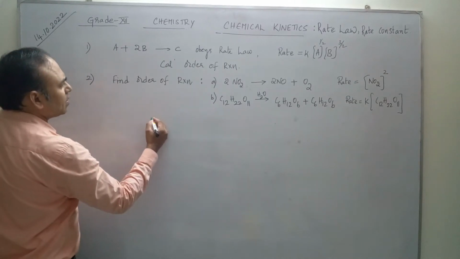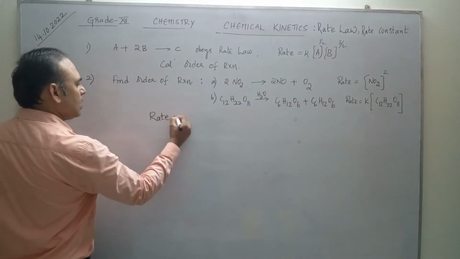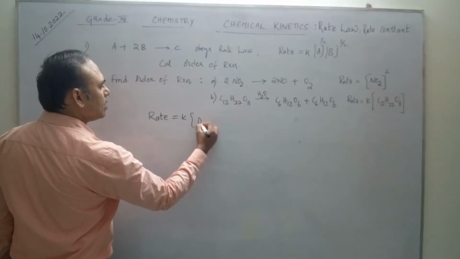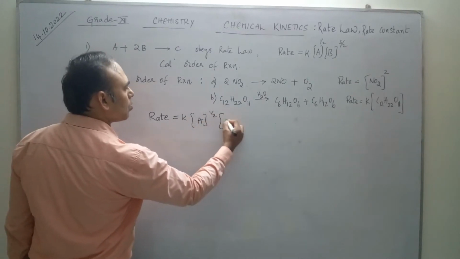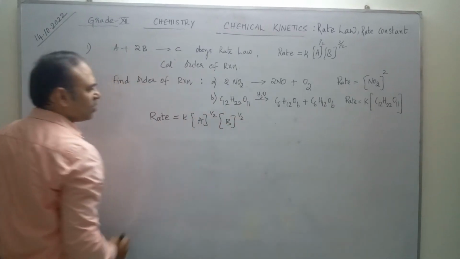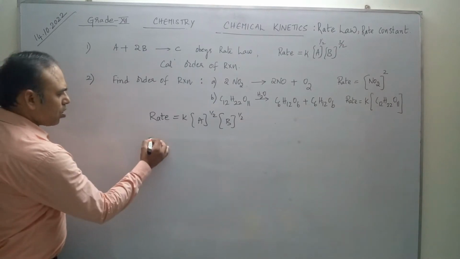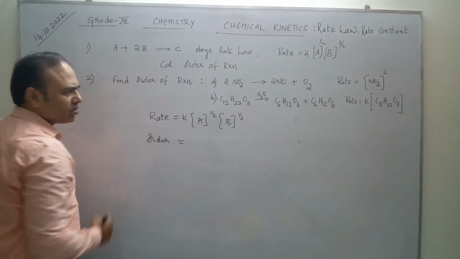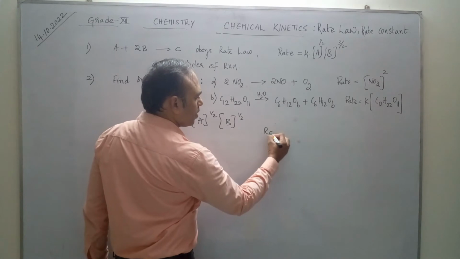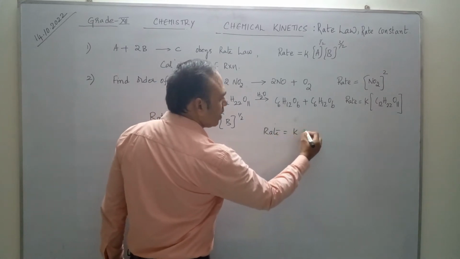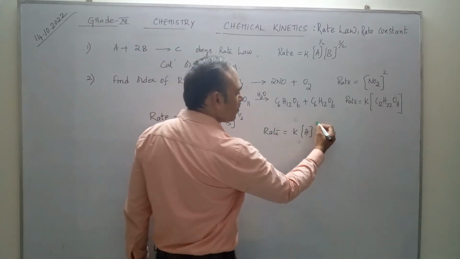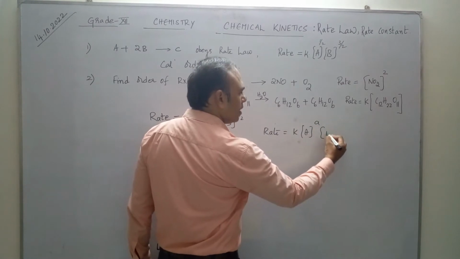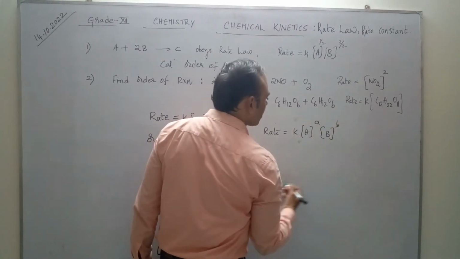So we know that rate is equal to k into A to the power of 1 by 2 into B to the power of 3 by 2. Suppose you are taking it like this, rate is equal to k into A to the power of a into B to the power of b.